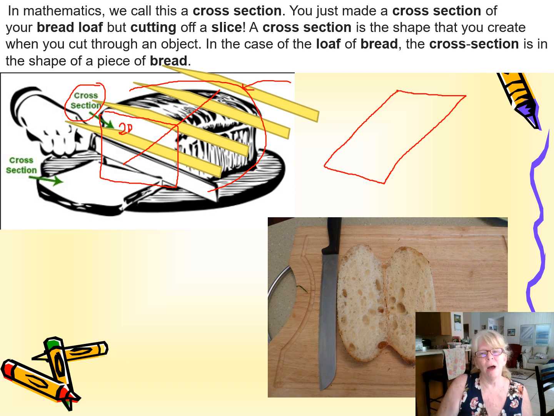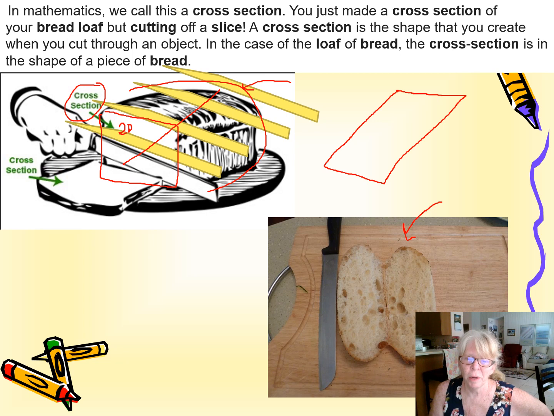Okay, I would more call that a parallelogram instead of a rectangle. It would have been much easier to see had I demonstrated that for you. So no big deal. I just popped in another picture for you.